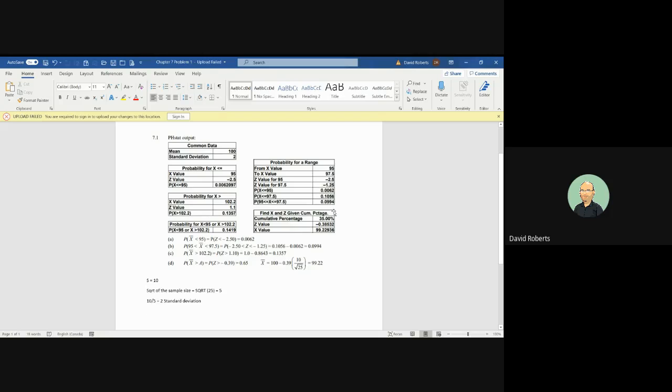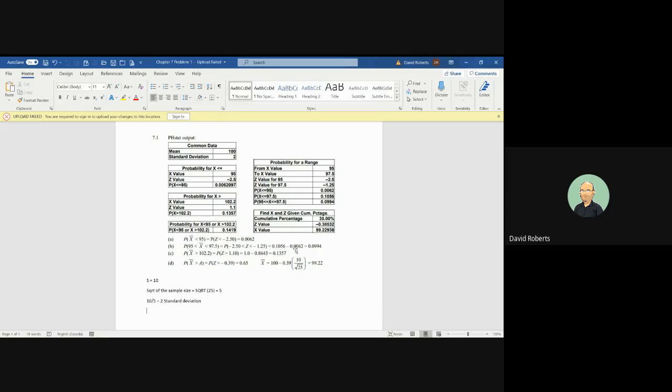You can actually see that in the PHstat in the top right-hand corner. Because you're taking that slice from 95 to 97.5, you subtract the two, and you get basically 10%, 0.0994.